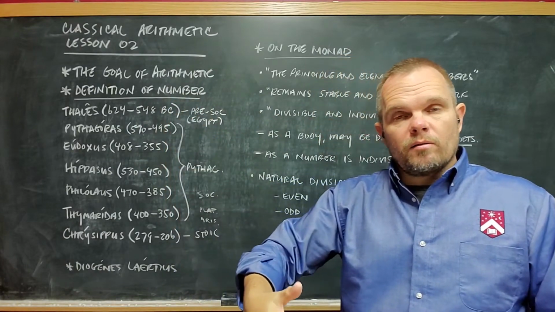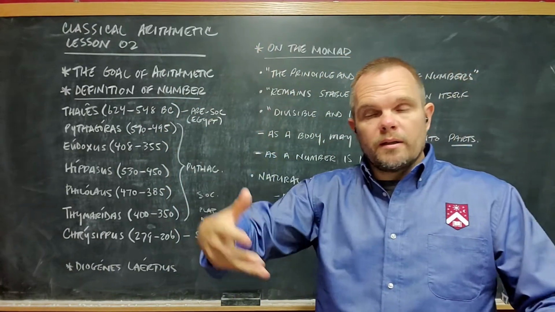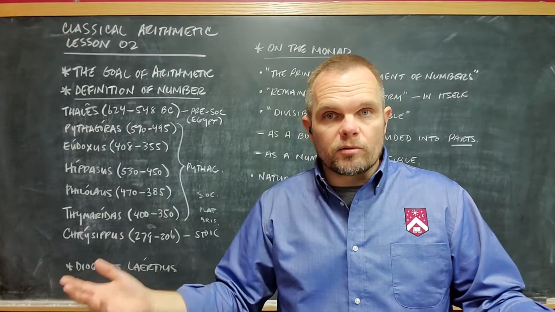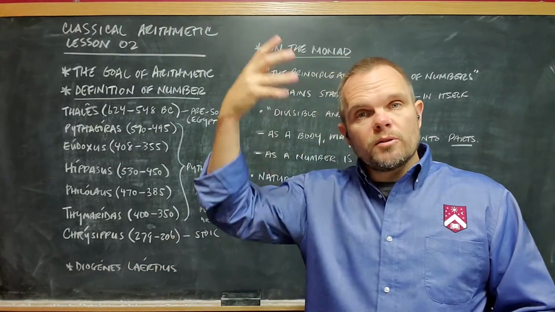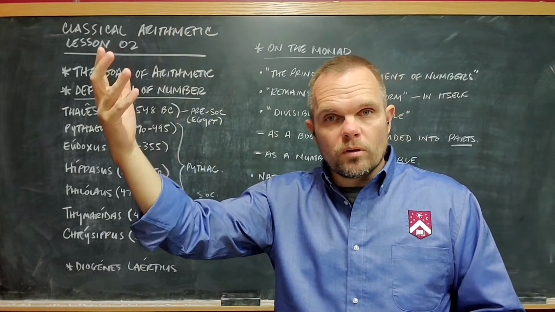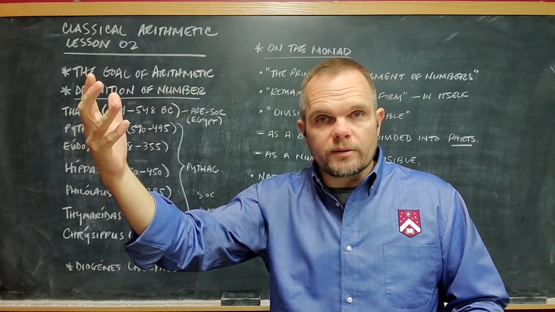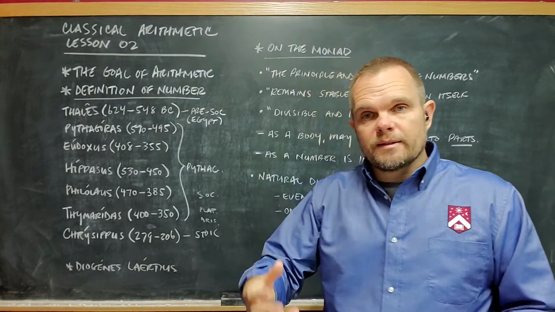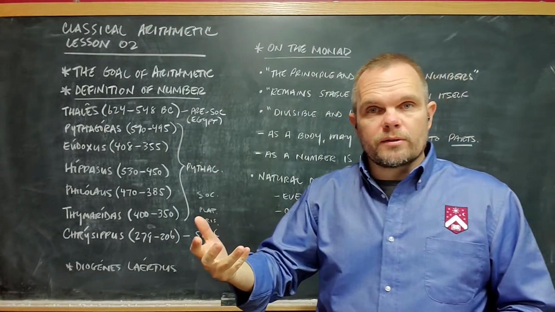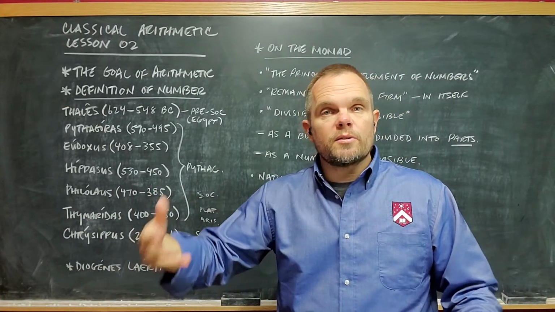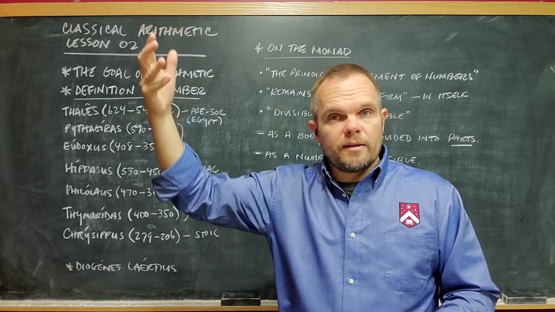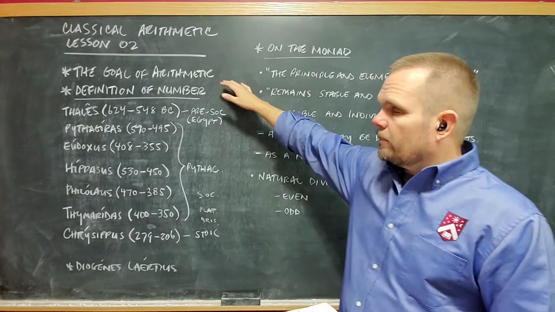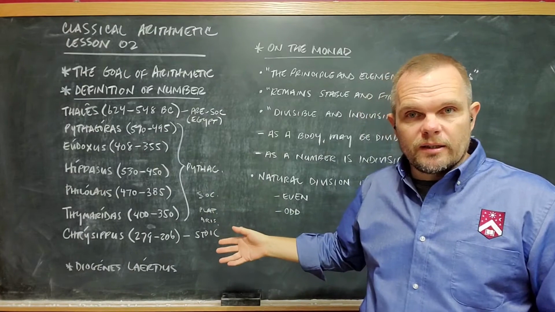And it's that raising up from this world of change and birth and decay and corruption and death into the contemplation of a world of eternal things, of things that can only be understood by reason. It's that elevation of our thoughts from the sensible world to the insensible world that is the goal of classical arithmetic. So we need to keep that in mind as we get into this study.